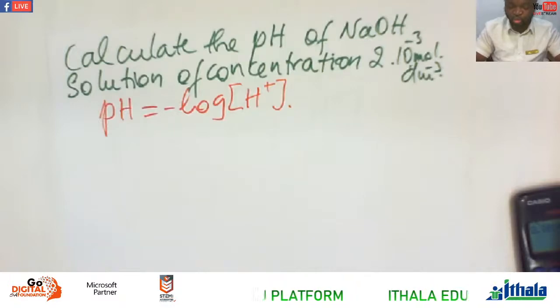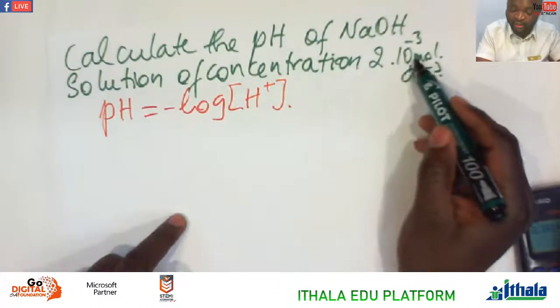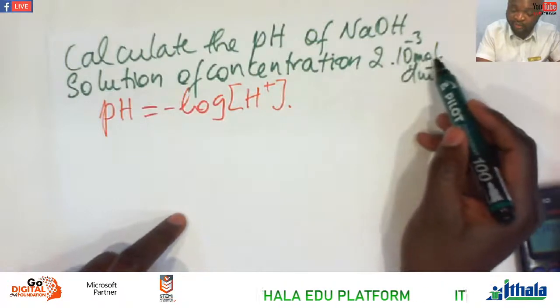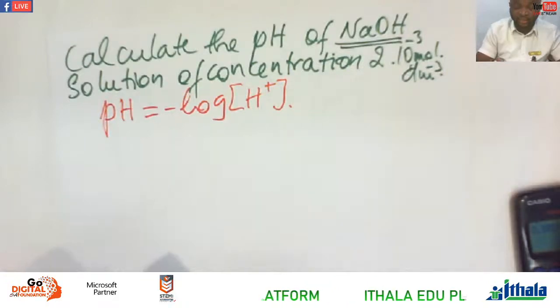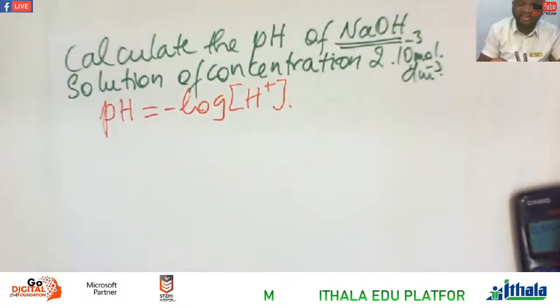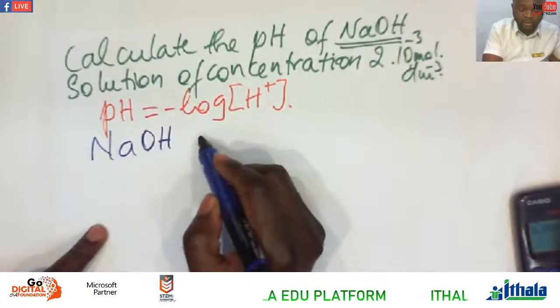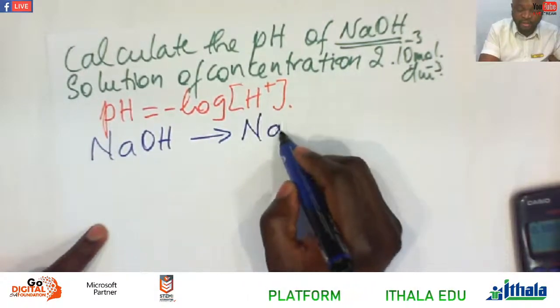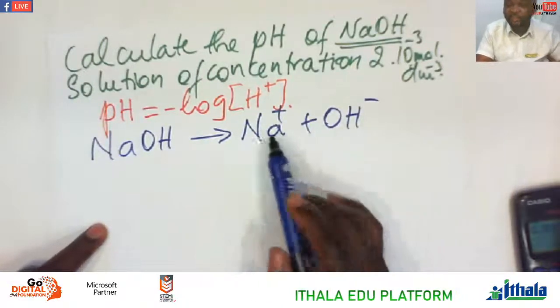So what we have to do, ngoba sine concentration ka 2 times 10 to the power negative 3 mole per decimeter cube. I concentration ka sodium hydroxide. Kufanele senze njani? Siphinde sibhale dissociation reaction. Uthi lo sodium hydroxide uzoskiphela i-sodium ion plus what? OH minus.